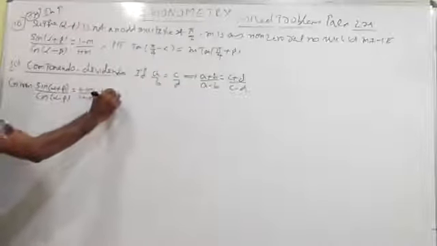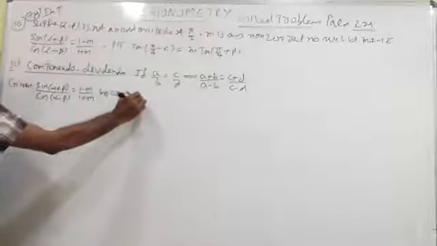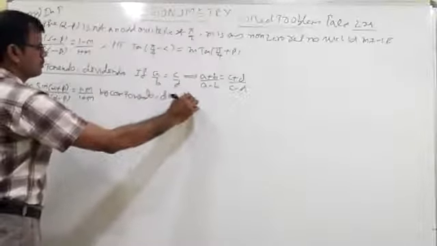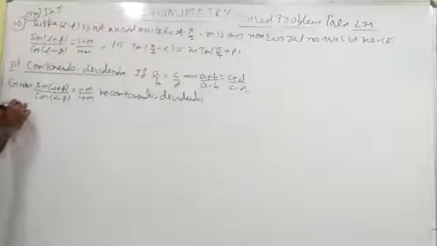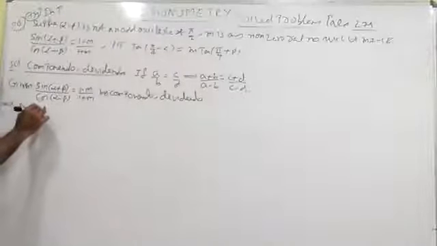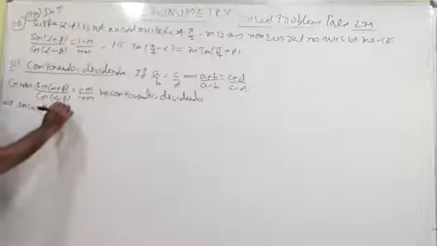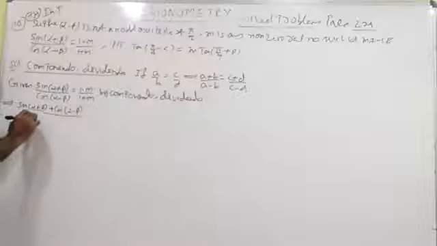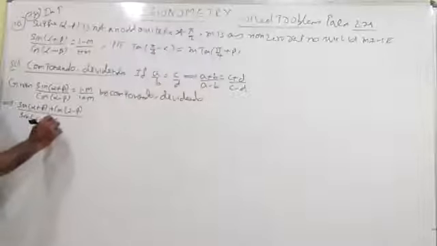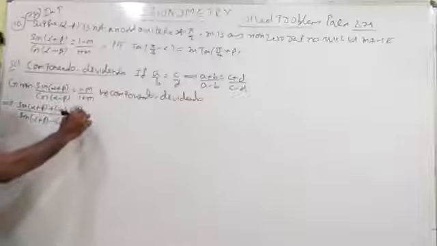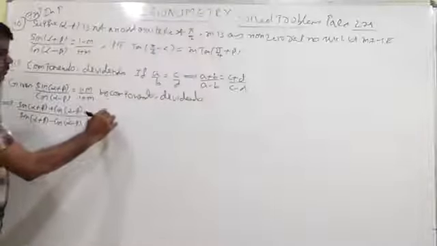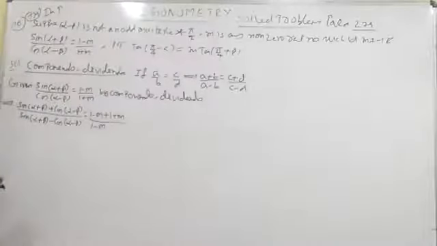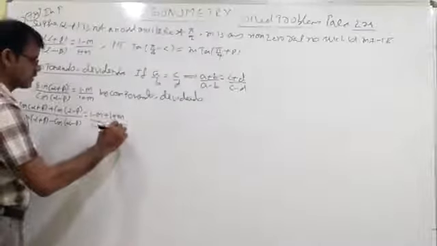Now, by componendo and dividendo, numerator plus denominator by numerator minus denominator: sin of alpha plus beta plus cos of alpha minus beta by sin of alpha plus beta minus cos of alpha minus beta is equal to 1 minus m plus 1 plus m by 1 minus m minus 1 minus m.